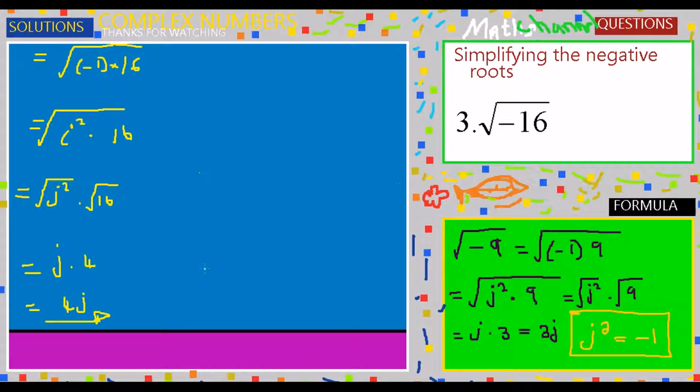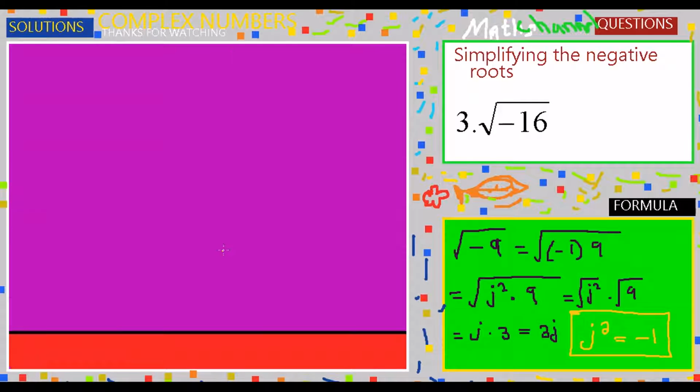Let's see this one. This one is similar to the way it was with the 9.